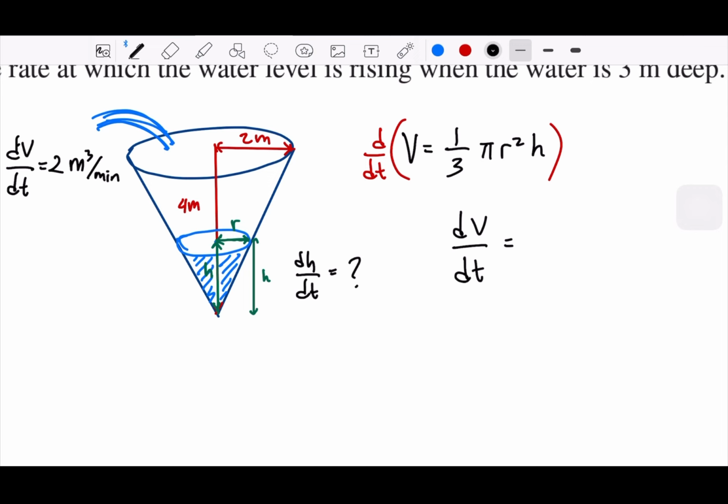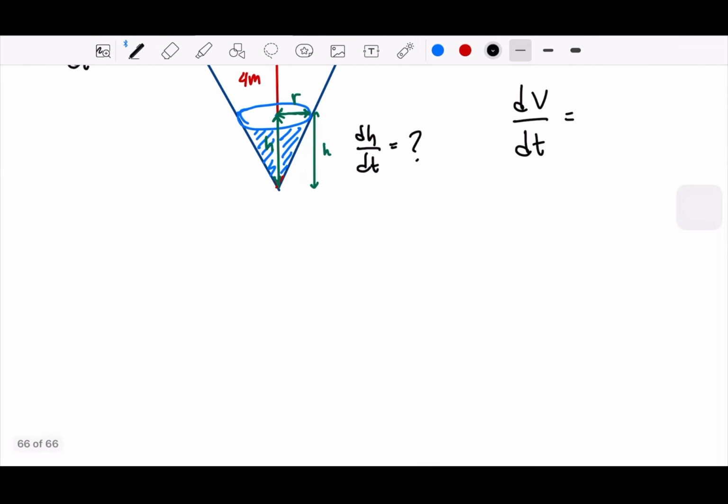So if we look here, we have 4 meters here, we have 2 meters here, we have h, we have r. So let me draw a triangle here. So this is 4, this is 2.